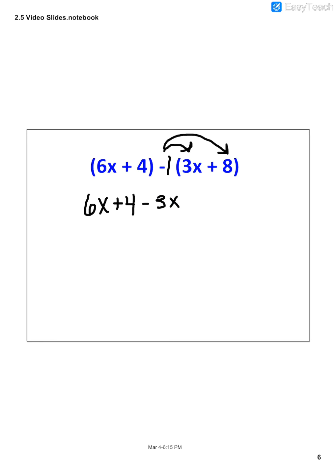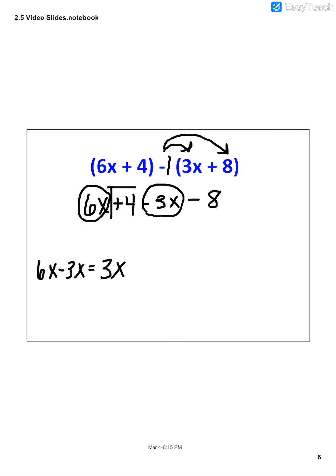Negative 1 times a positive 8 is a negative 8. And now I'm going to combine like terms. 6x minus 3x, I write this on the side. 6x minus 3x is equal to 3x. Positive 4 combines with a negative 8.